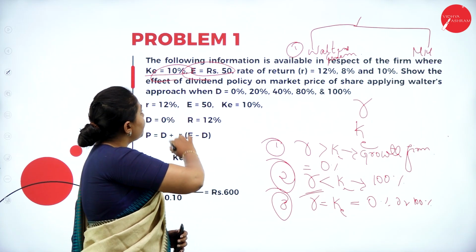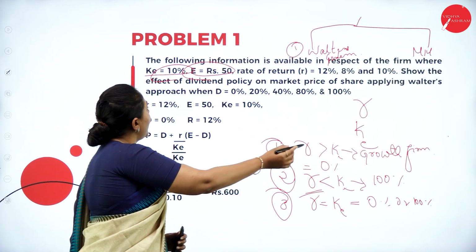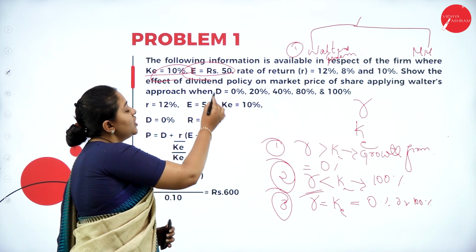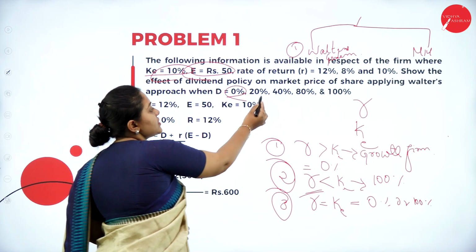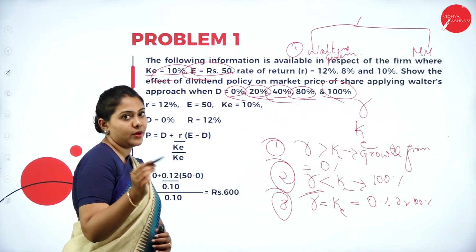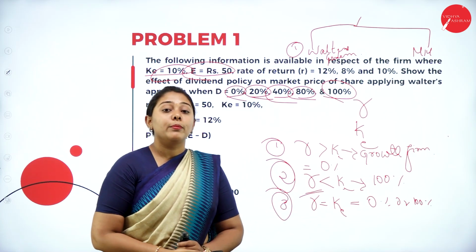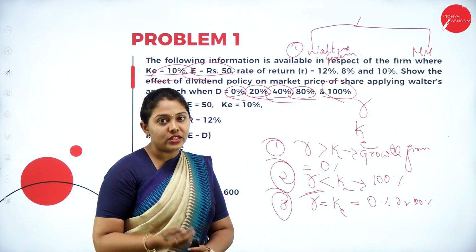Show the effect of the dividend policy on market price of share applying Walter's approach when dividend is 0%, 20%, 40%, 80% and 100%. Before that, let us discuss the formula of Walter's model.